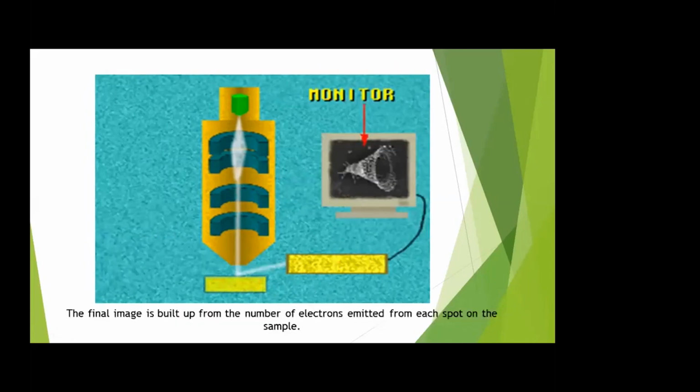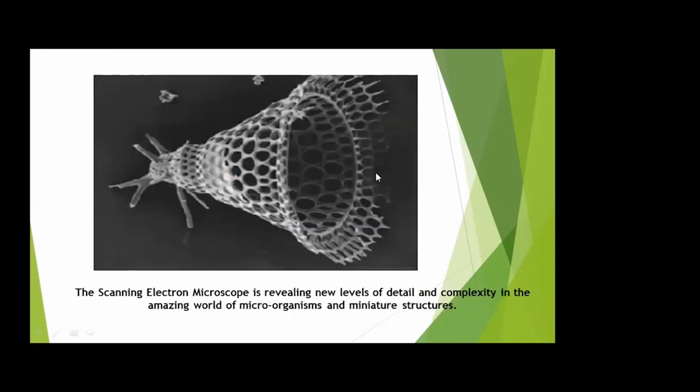This is the final image, where you can see that the image is built up from a number of electrons emitted from each spot on the sample. It is displayed on the monitor. Let me club all these images and show you. So this is how the scanning electron microscope is revealing new levels of detail and complexity in the amazing world of microorganisms and miniature structures.